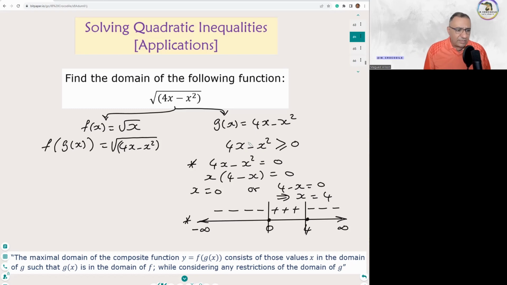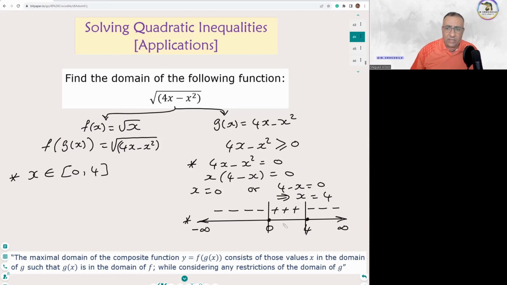Now the last step here is to write down the solution interval. Here we are looking at what are the values of x, what is the interval that satisfies this inequality to be bigger than or equal to 0, which is from 0 to 4 inclusive. So the solution set here, x is going to be between 0 and 4.